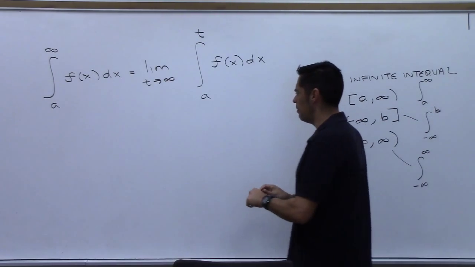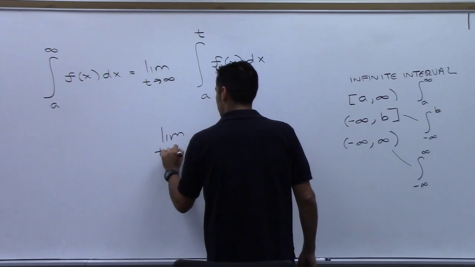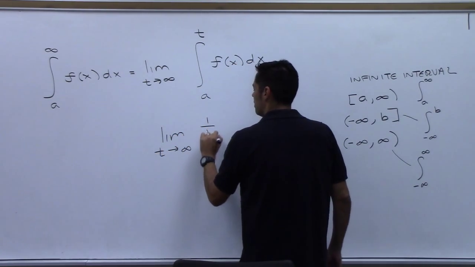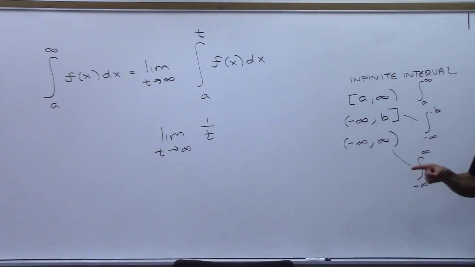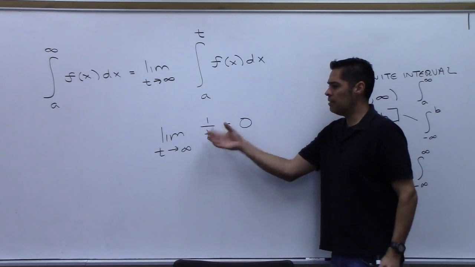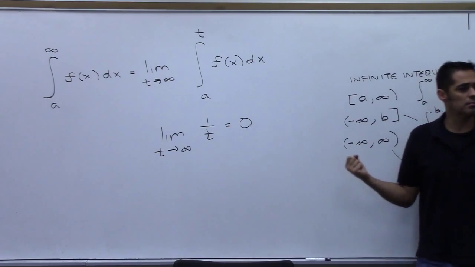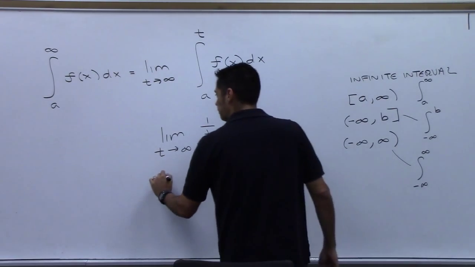Let me give you an example of some limits. Limit as t goes to infinity of 1 over t. What does that limit do? It converges to 0, right? Because as t gets bigger, this ratio gets smaller, it approaches 0. So that converges.